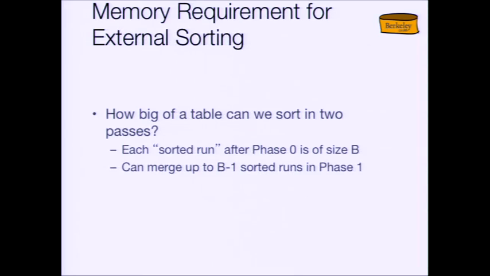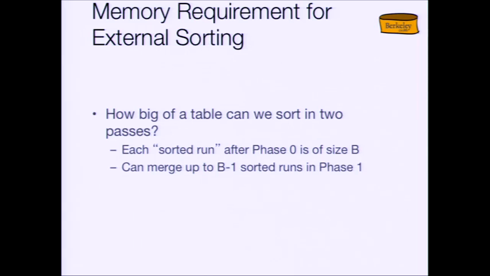How much memory do we need to sort stuff in 2 passes? Well, after pass 0, we read in B blocks, sort them, and write them to disk, so each sorted run is B long. And in pass 1 we're going to merge B minus 1 things together. So if we're going to finish, the whole file could only have been B minus 1 times B long to do it in 2 passes.